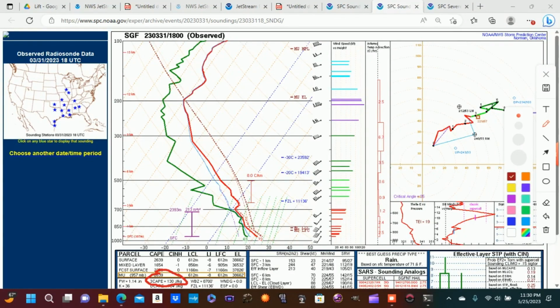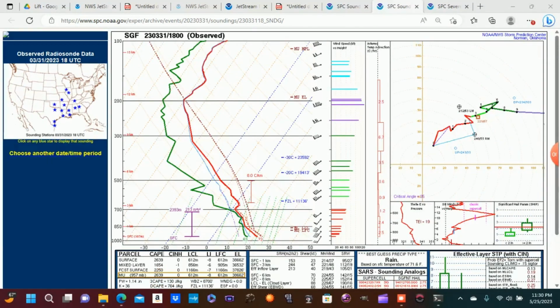Typically we want to see a number over 50 or 75 joules, and certainly anything greater than 75 would be considered strong instability in the low levels. In Springfield, we have 130 joules of 3-kilometer CAPE, which is pretty strong low-level instability. Not considering our wind shear, completely ignoring that, that would be a number favorable for tornadoes.